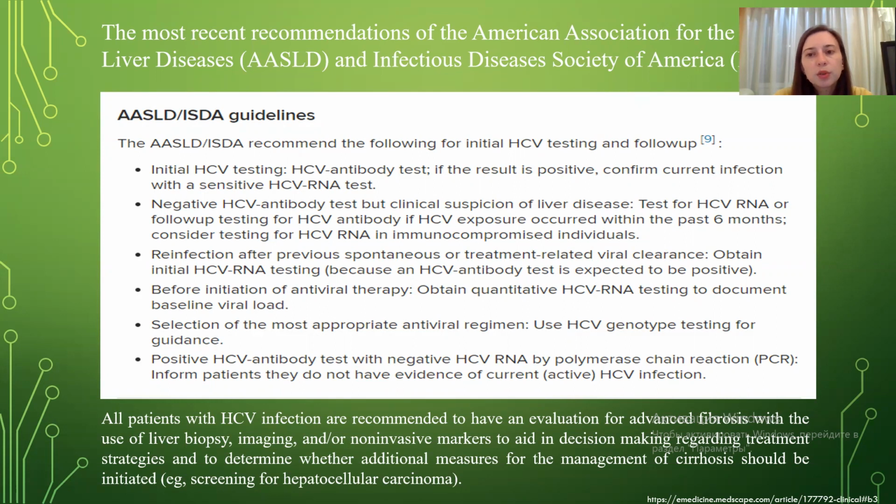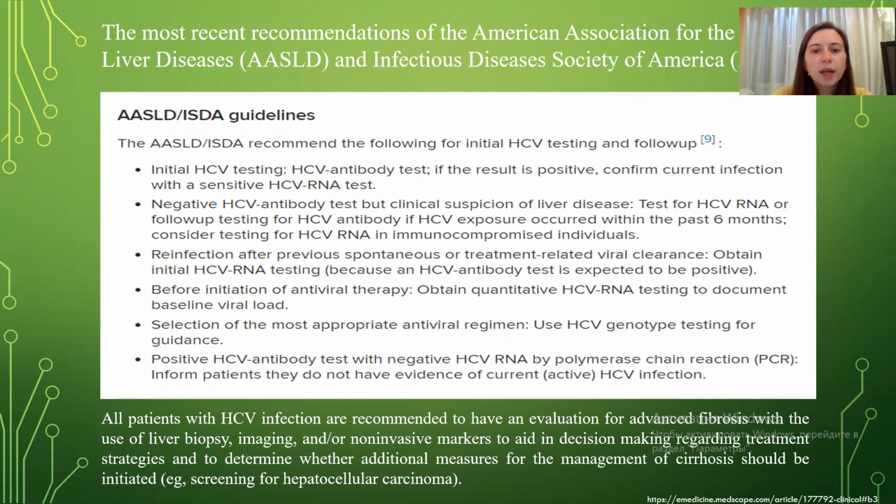If the result is positive, confirm current infection with a sensitive HCV RNA test. Negative HCV antibody test but clinical suspicion of liver disease: test for HCV RNA, or follow-up testing for HCV antibody if HCV exposure occurred within the past 6 months.